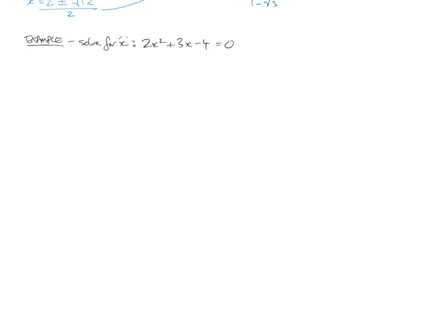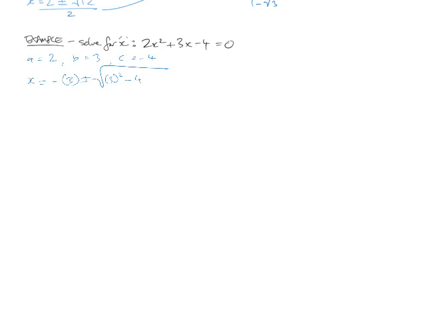Hopefully I can remember that formula up there. Alright, we need to work out what the coefficients are. a is 2, b is 3, c is negative 4. So the quadratic formula is x is equal to negative b. So negative b, which is 3, plus or minus the square root of b squared, which is 3.